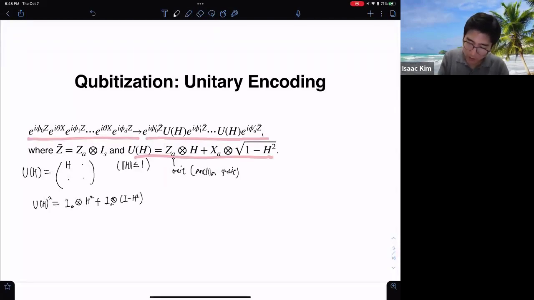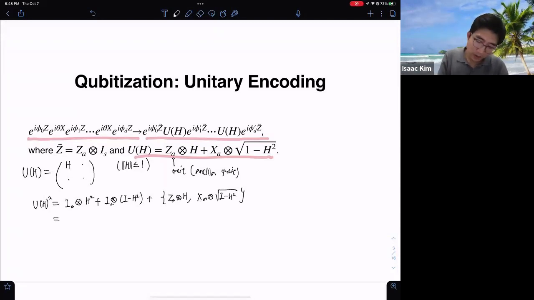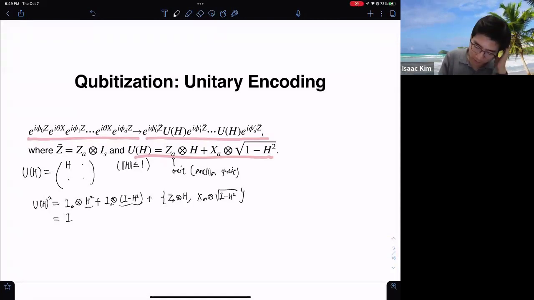And then you have the cross terms, which will be an anti-commutator of ZA H and XA square root of I minus H squared. The first term is obviously just the identity, because these two terms add up to the identity. Maybe I'll be more explicit and say identity on A times identity.